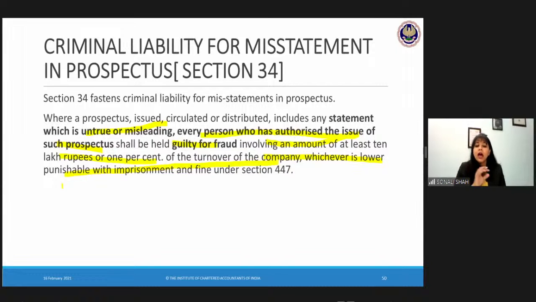The amount that we are talking about here for fixing a criminal liability is at least 10 lakh rupees or 1% of the turnover of the company, whichever is lower, right?